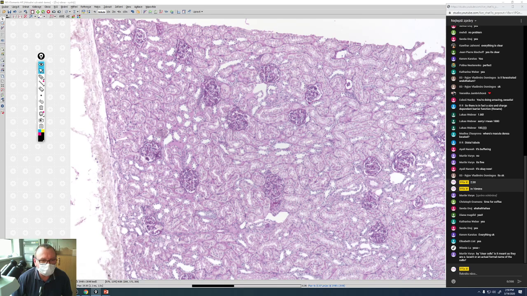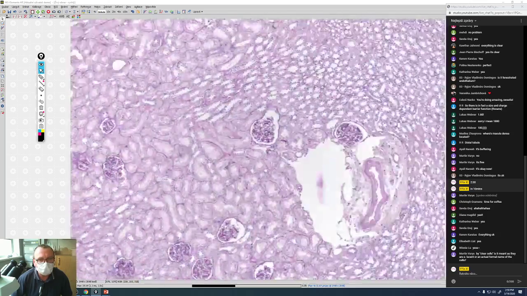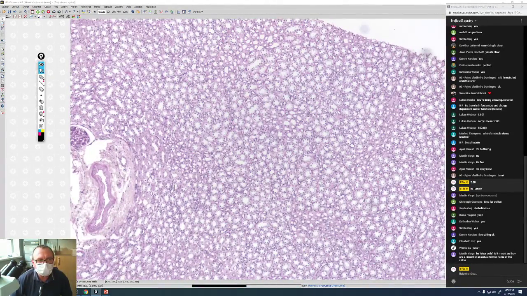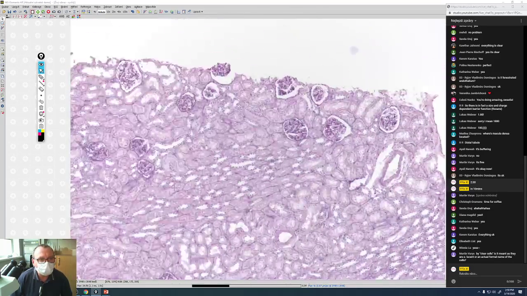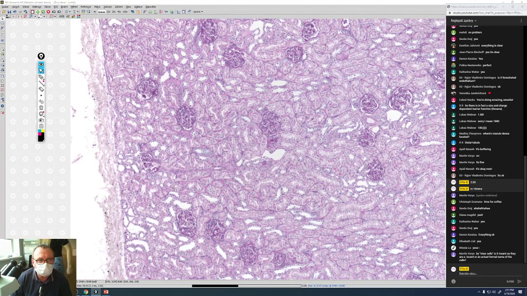And you can see that the structure is the same. Here is the cortex of a kidney. Here is a medulla of the same organ. And what is here positive? PAS reaction is a histochemical reaction visualizing polysaccharides, complex molecules which are situated in basement membranes, for example, because basement membranes contain highly glycosylated collagen type 3.